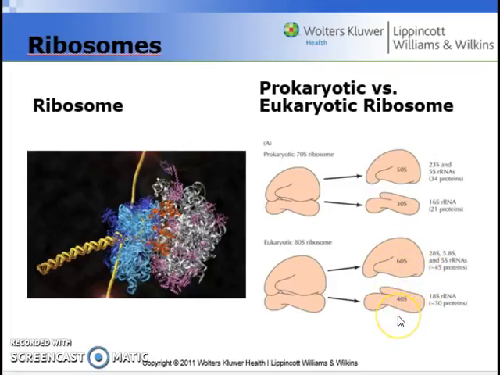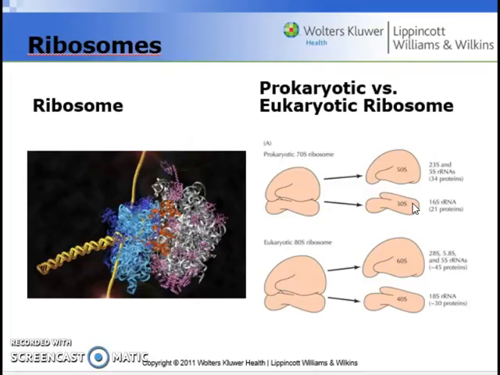So what we can do in the therapeutic world is design antibiotics that target specifically the 70S ribosome structure. An antibiotic will start to denature this 50S subunit or this 30S subunit, and that will prevent the process of translation from taking place.